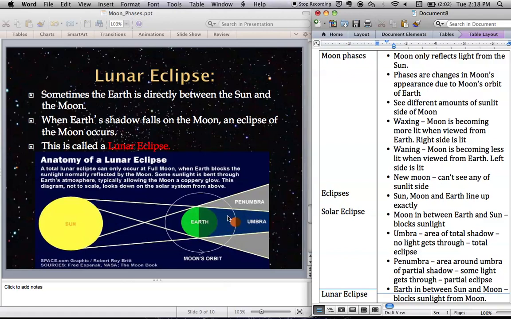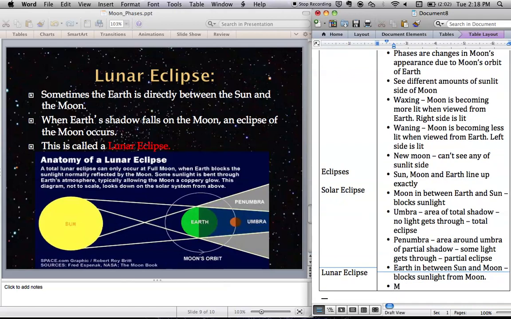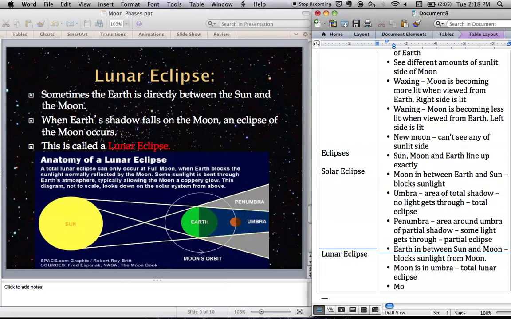Right? Again, we've got an umbra, an area of total shadow, and a penumbra, an area of partial shadow. So if the moon is in the umbra, we get a total lunar eclipse. If the moon is in the penumbra, we get a partial lunar eclipse.